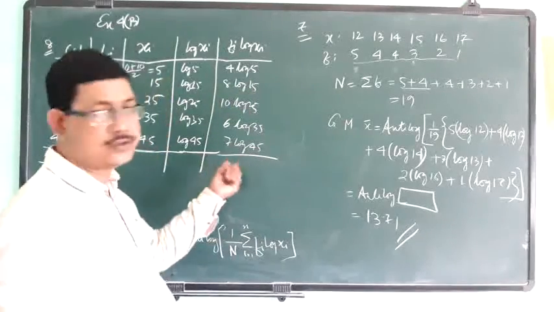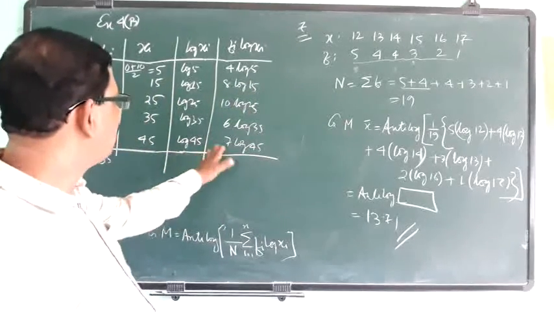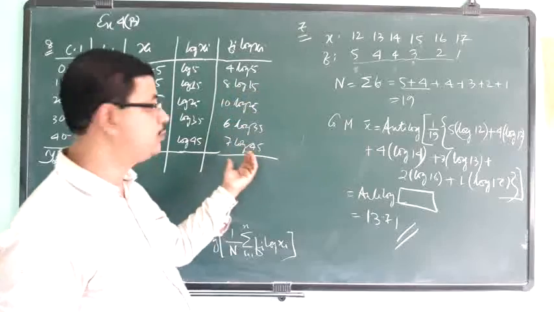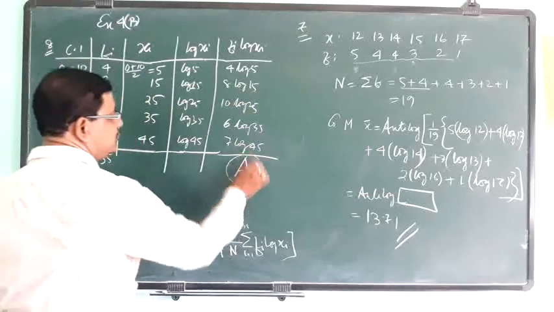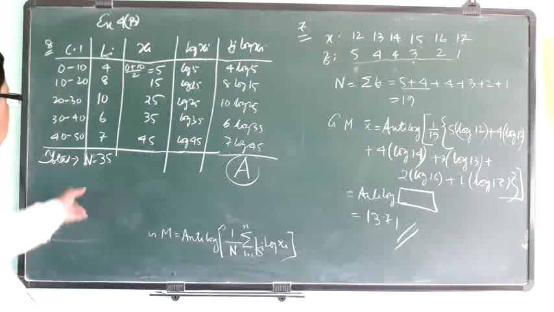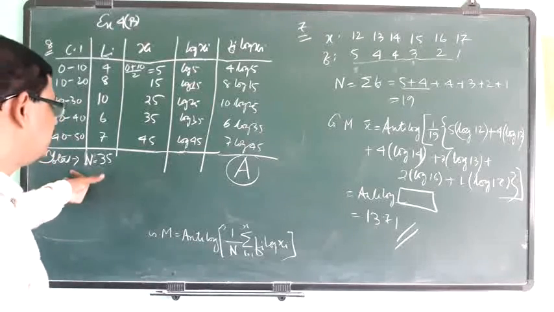Suppose after addition, as I have no logarithm table, I cannot give your exact value. Suppose I assume this sum is A. Then what will be the geometric mean?